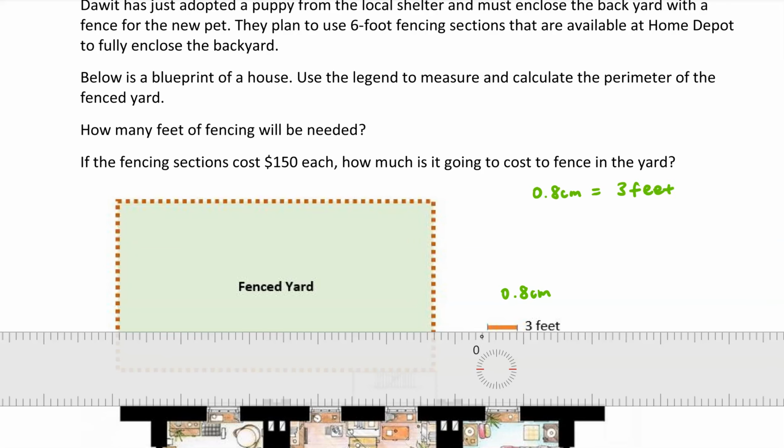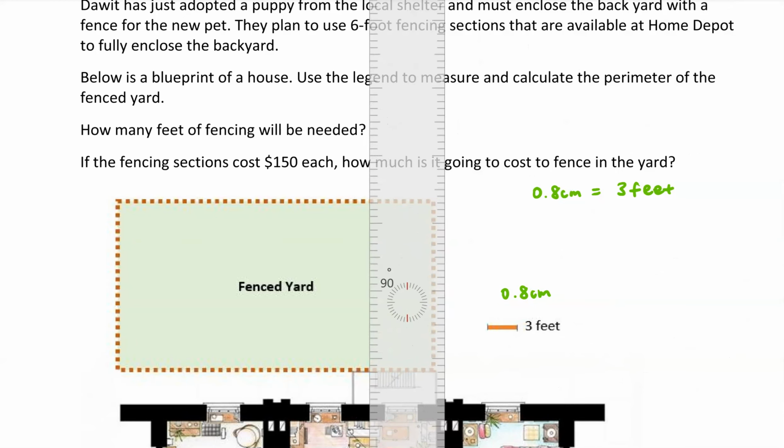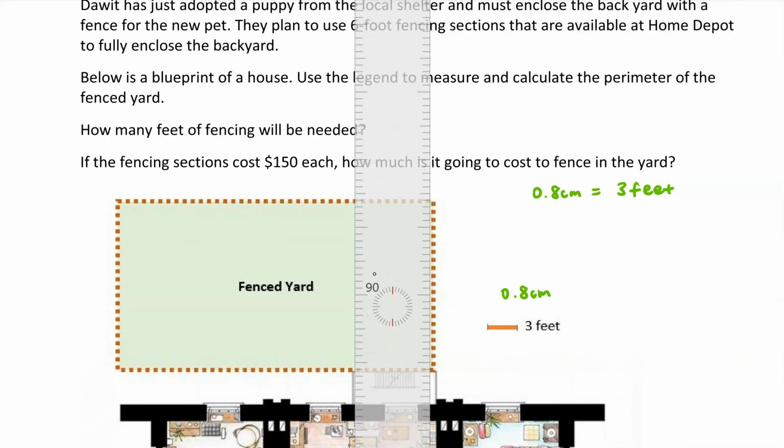We need to know that scale so that when we measure the length and the width, we can scale that up. So I'm going to measure this here, and I'm going to line that up with my ruler. So this is 1 centimeter, 2 centimeters, 3 centimeters, 4 centimeters, and 5 centimeters.